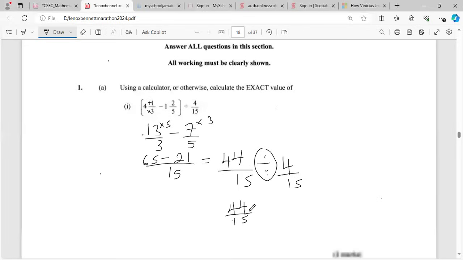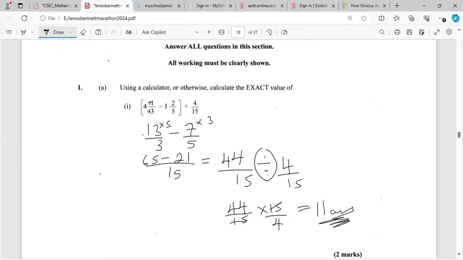So we're going to multiply by 15 over 4. 15 into itself 1 time, 4 into 44, 11. And that will give us our first 2 marks in the examination. So we do the bracket first, and then we can take it from there. Remember, once you're dividing, we have to change the division to multiplication and reciprocate the last fraction. Very important, guys.